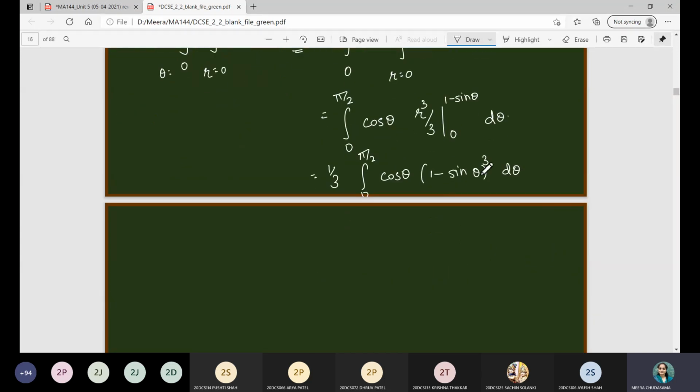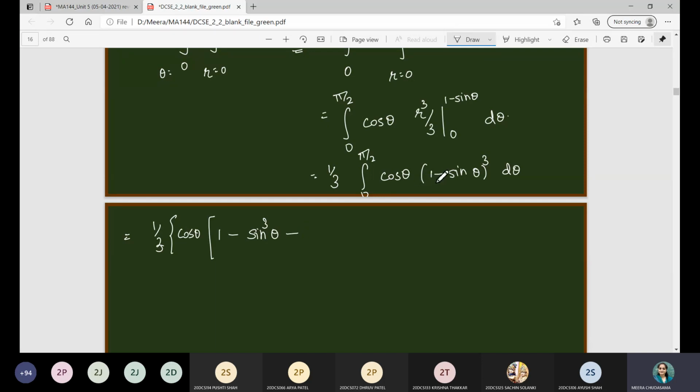So we will expand this using the formula a minus b whole cube, right? So it will be 1 by 3, cos theta into the expansion of this one, which will be 1 minus sin cube theta.